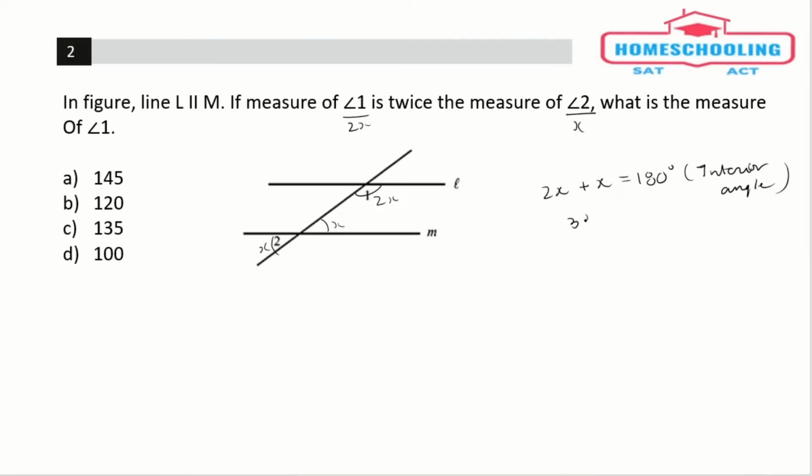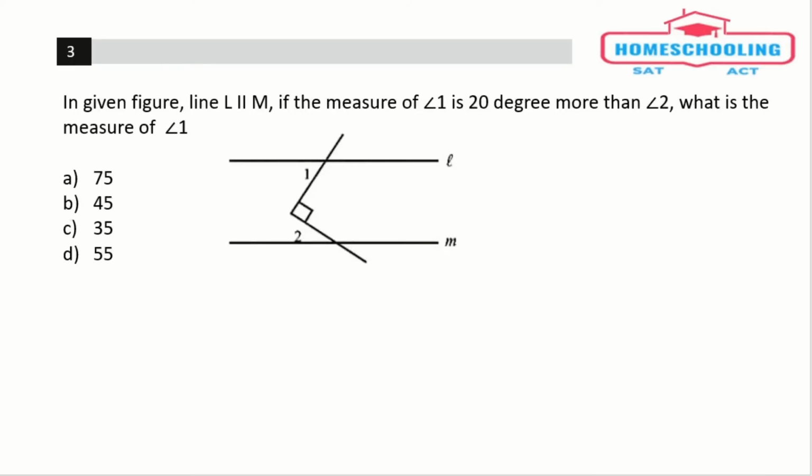So 3x would be 180 degree, x would be 180 divided by 3, that would be 60 degree. We have to find the measure of angle 1. Angle 1 is 2x, that would be 2 times 60, 120 degree. So your answer would be B, 120 degree.